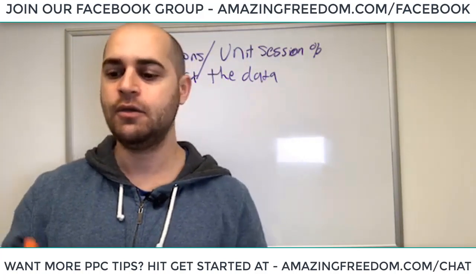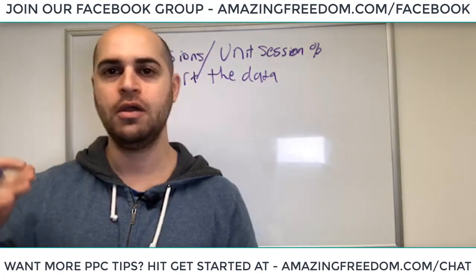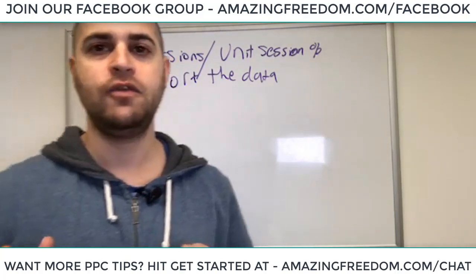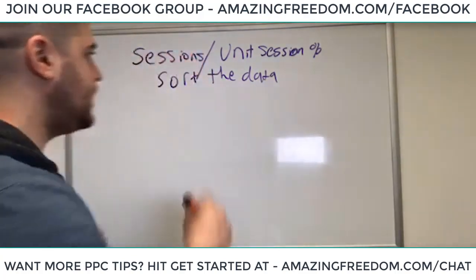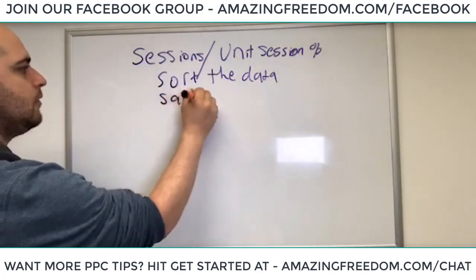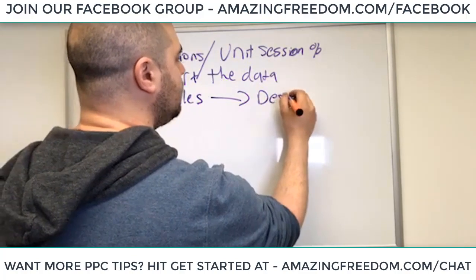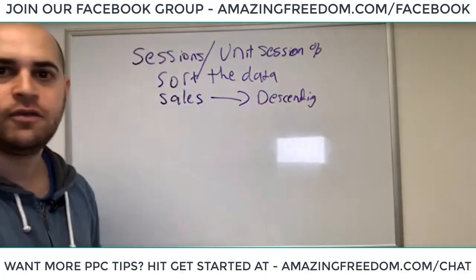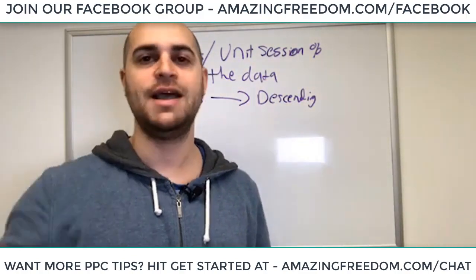There's one column that shows your total sales, and I want to sort that by descending. So go to your sales on that report and sort by descending. That's going to show you the products that have had the most sales over the last month, right?